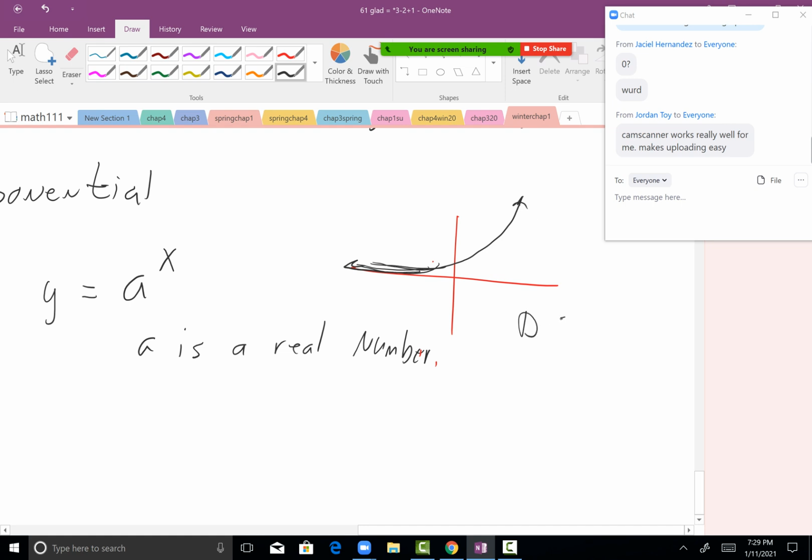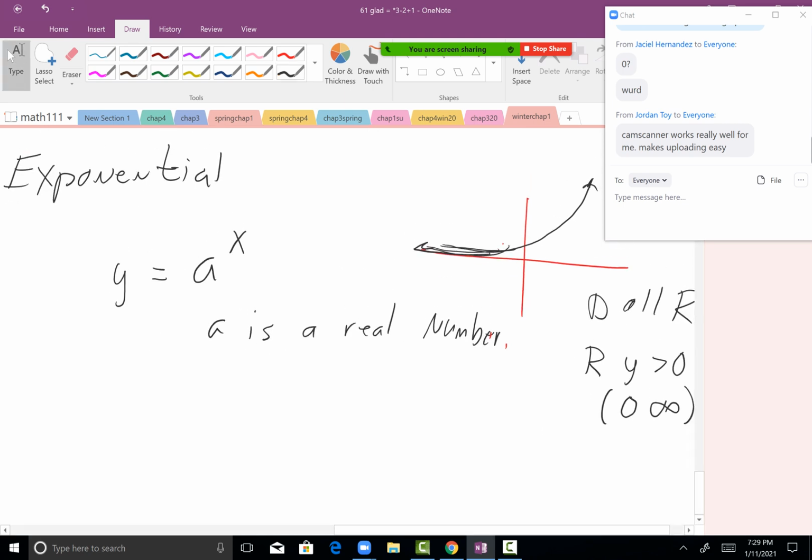Okay, so the domain you've already said was all reals. But this time the range is just greater than 0. So instead of having a bracket, we're going to have a parenthesis on that. That one you won't find in this section, but it should be.